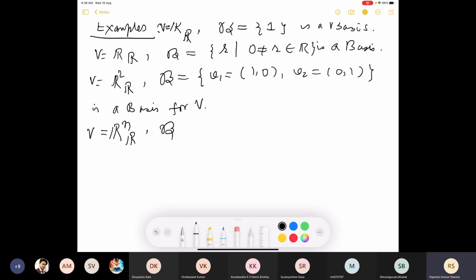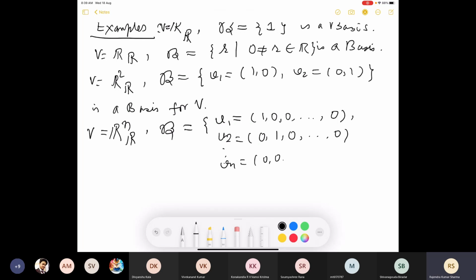For this, let us take V1 as (1, 0, 0, ..., 0), all zeros after the first. V2 as the n-tuple whose second entry is 1 and all the remaining are 0.